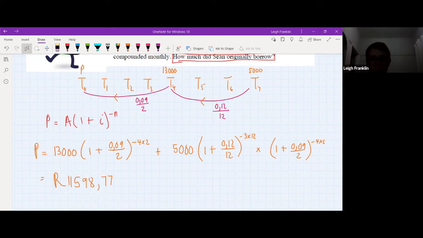Yes, Chantal, we need to include the interest. Boutle, you're saying, why does the money he paid last year also have interest? Do you mean this over here? Is that what you're referring to?